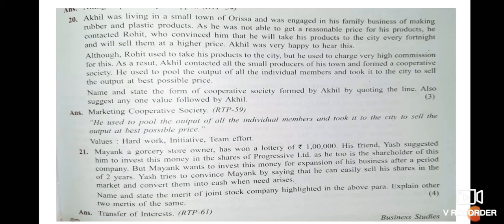Mayank, a grocery store owner, has won a lottery of 1 lakh. His friend Yash suggested him to invest his money in the shares of Progressive Limited, as he too is a shareholder of this company. But Mayank wants to invest this money for expansion of his business.